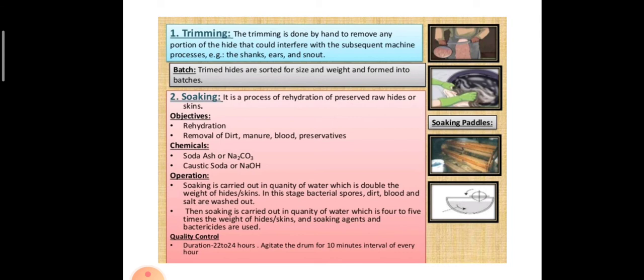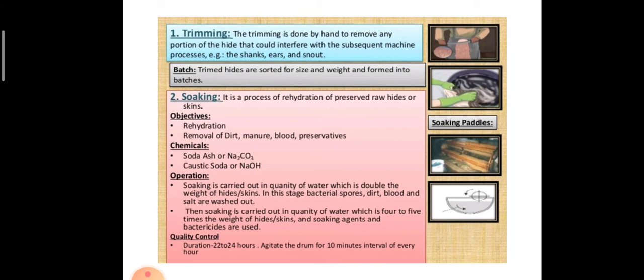As we discuss the structure of hides and skin, fresh hides and skin consist of water. Please make note of it. Fresh hides and skin consist of water, protein, fatty materials, and some mineral salts.